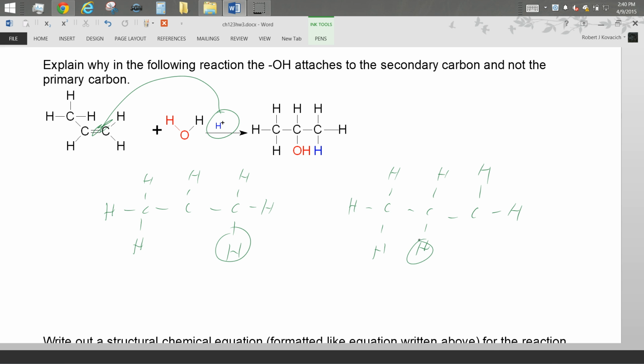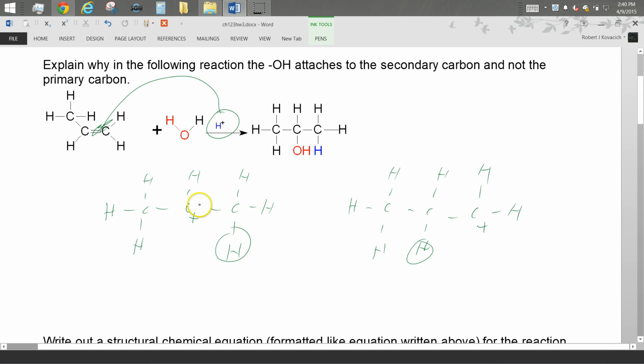So if it went to the number 1 carbon, that means that this carbon right here, in its transition state, must hold on to a positive charge for a set period of time. Same situation over here, that this carbon has to hold on to a positive charge for a set period of time. Well, what are positives like? Negatives.